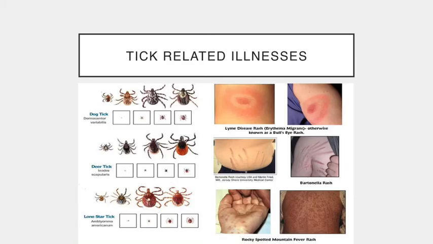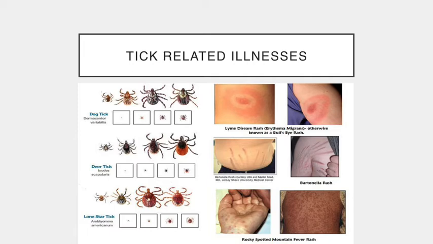I do want to mention tick-related illness. It's so important in our area because we are in the tick capital of the United States in the Middle Atlantic region. So you should definitely be aware of ticks, size of ticks, and as you can see in this picture, the infamous bullseye rash, which you rarely ever see, but if you do see it, it can look just like that.